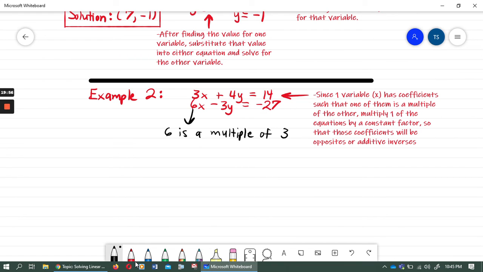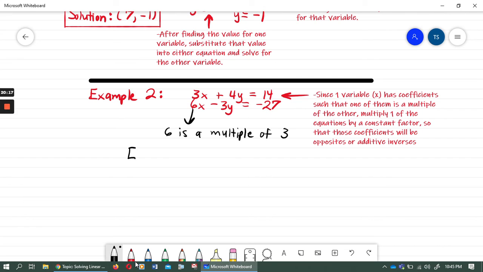But again, since 6 is a multiple of 3, think about what number we have to multiply 3 by in order to get 6. That's going to help you determine which equation you're going to be multiplying by a constant factor.